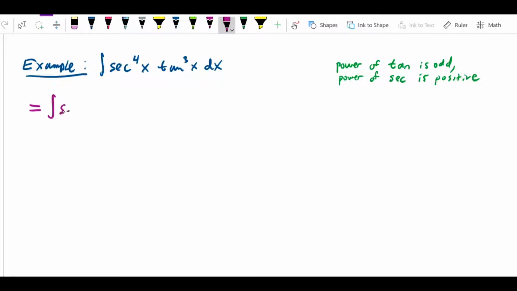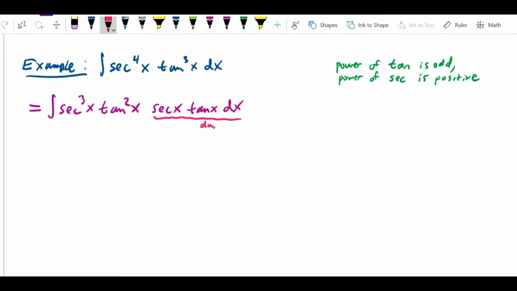So here I have secant cubed x tangent squared x times secant x tangent x dx. I've just peeled off one factor of secant tangent and left everything else intact. Now you can see that this is the term that's going to become du.